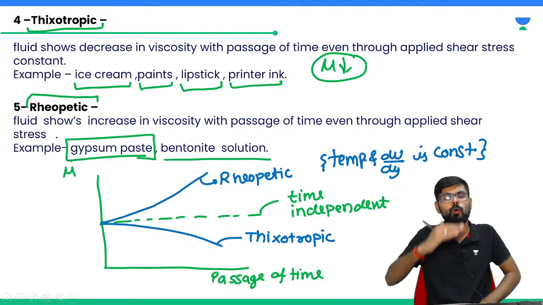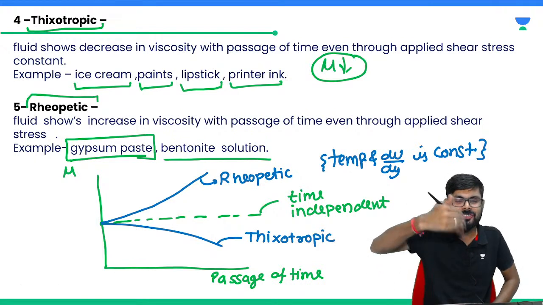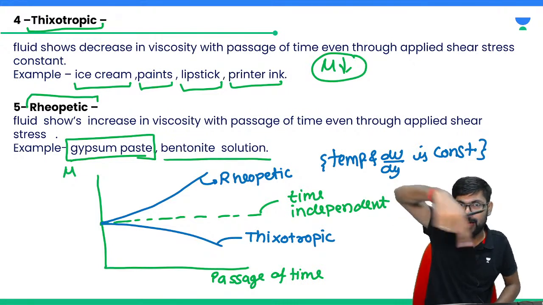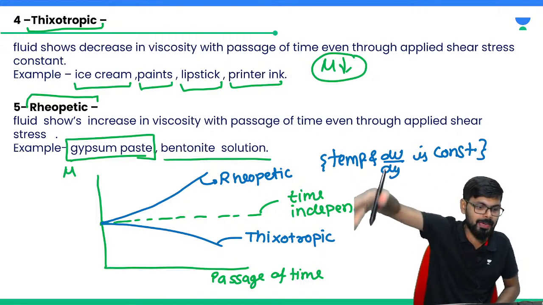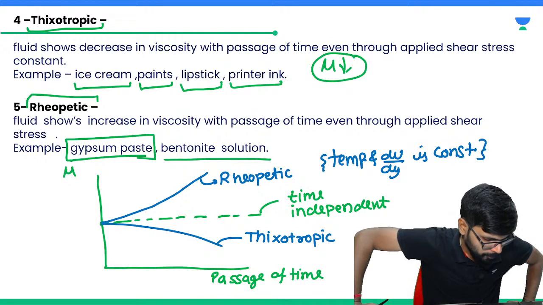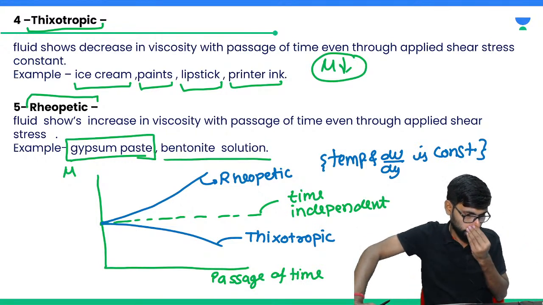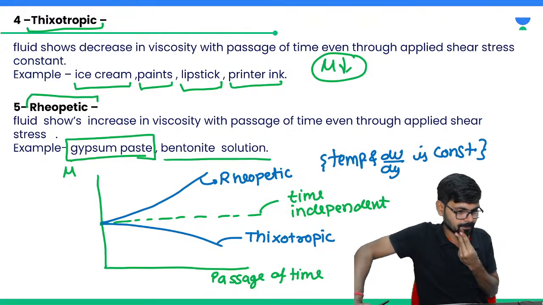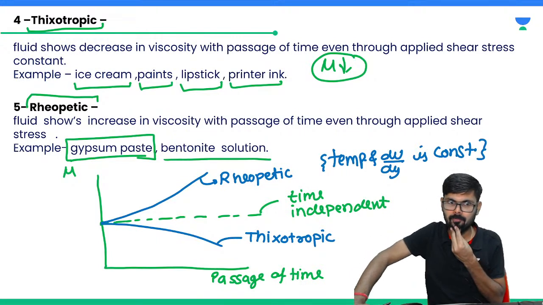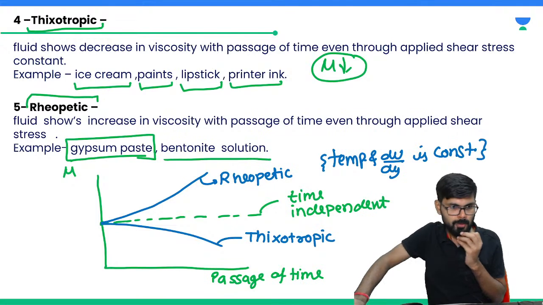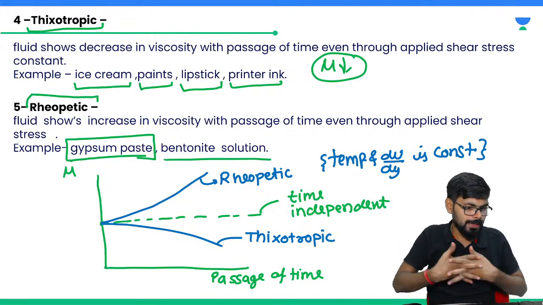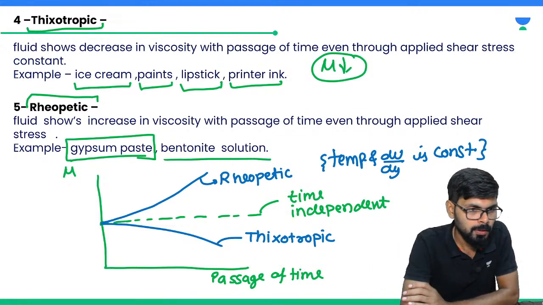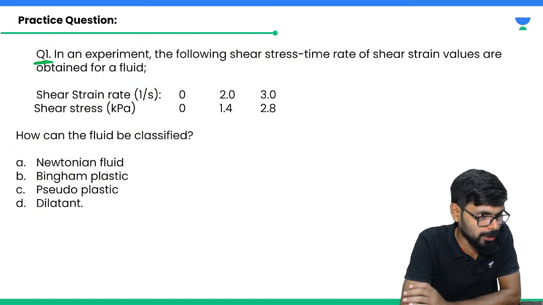What is variable? Only the passage of time, the time for which du by dy is applied, that is varying. Clear? Okay. Let's come to the next property. First solve this question.